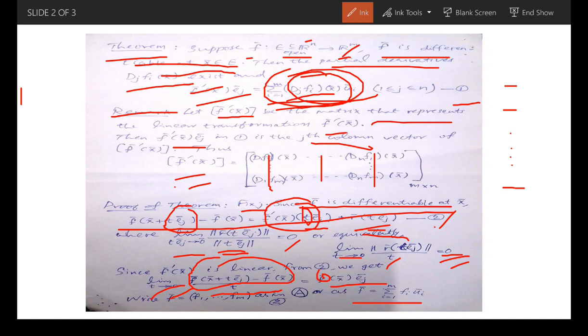So what do I get? If I look at the components of f, then this expression can be written like this. Limit t tends to 0, that was there. Then sigma i equal to 1 to m.